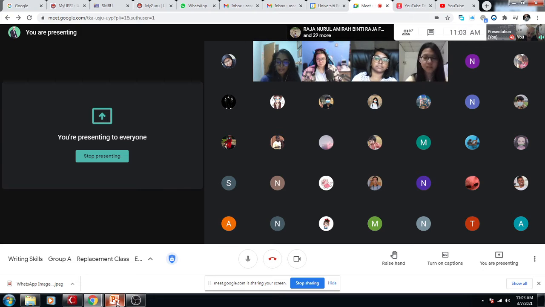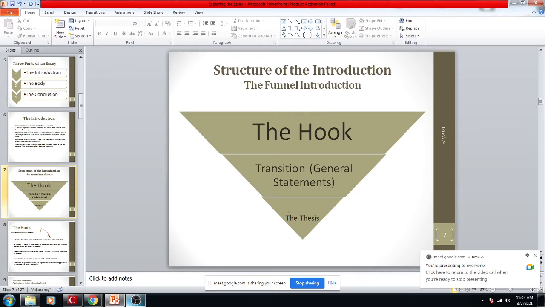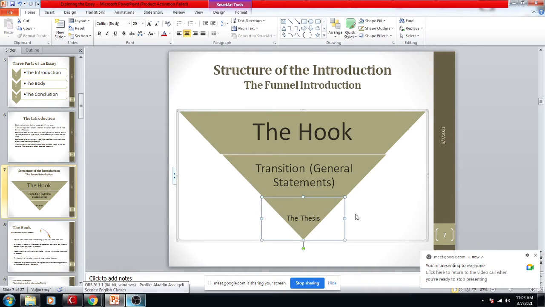So I want you now to imagine the structure of the introduction. In the introduction, you have three things. The introductory paragraph to an essay. You have first the hook, and then you have the transition, which is general statements or connecting statements, and then your thesis towards the bottom of your funnel introduction.